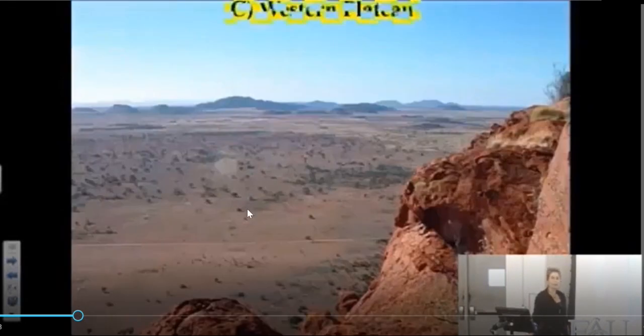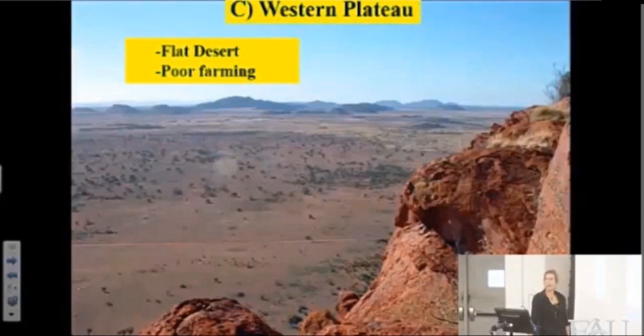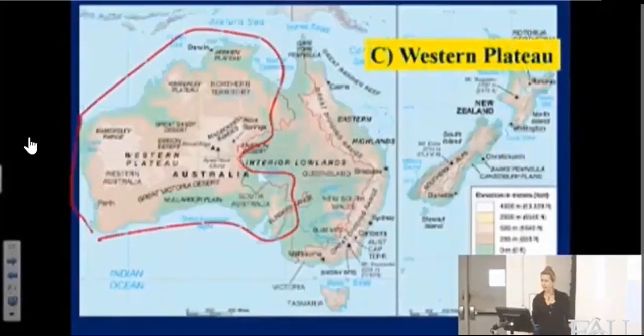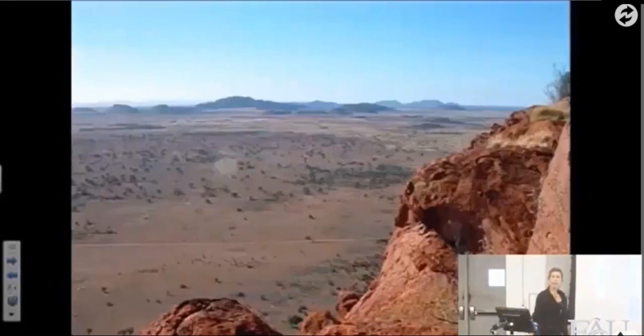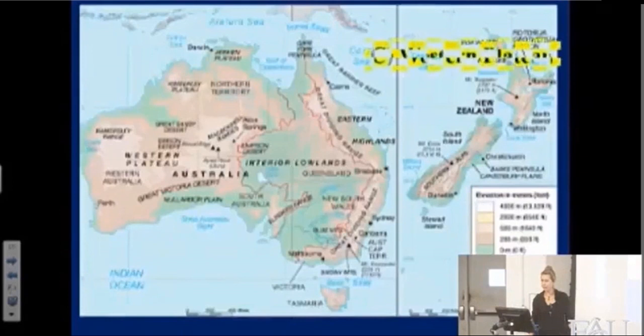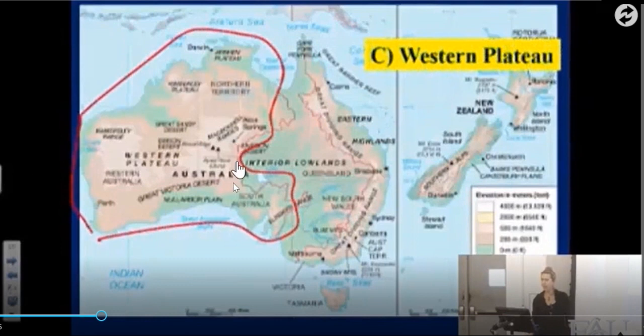Okay, so moving towards the western plateau, here it's flat. Take a look at that western plateau a little bit more closely. And there it is, the western plateau.